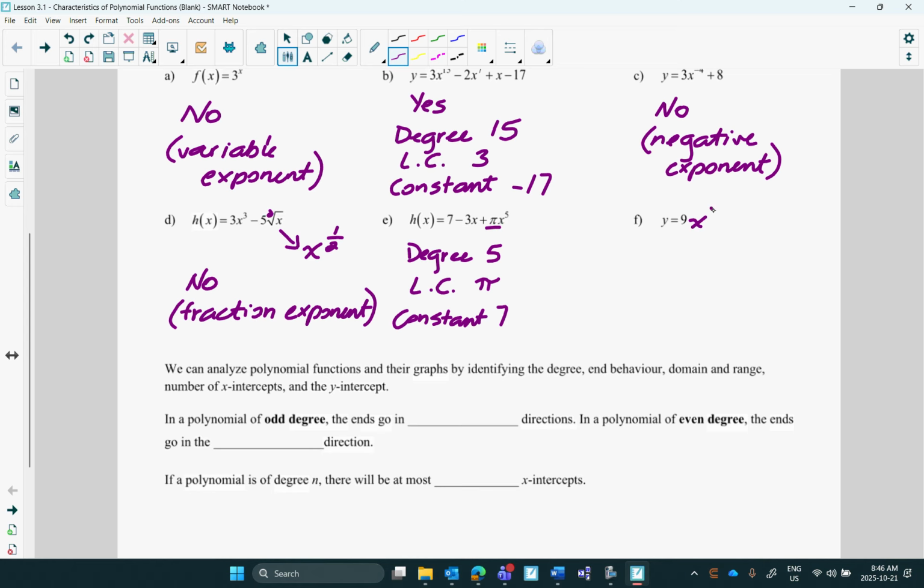Because remember, x to the 0 is 1. And 9 times 1 is just 9. So we can write any constant technically as a term with a variable and an exponent, which means it is polynomial. Sorry, this is yes too.